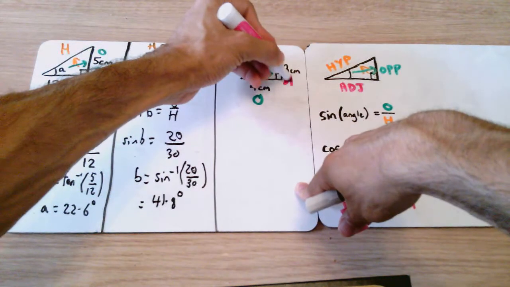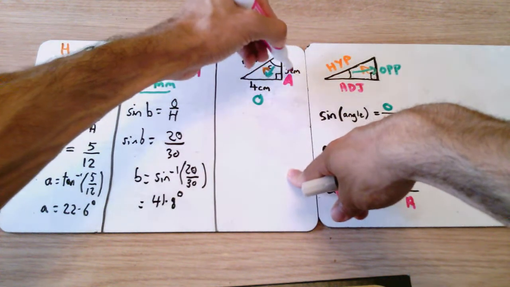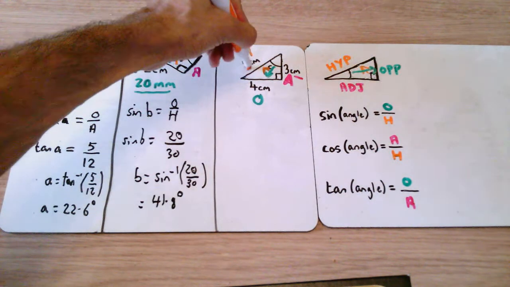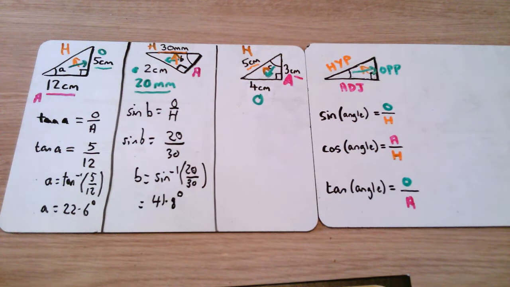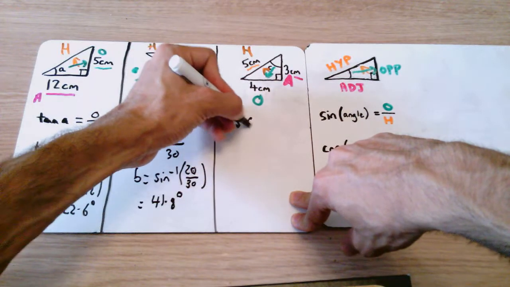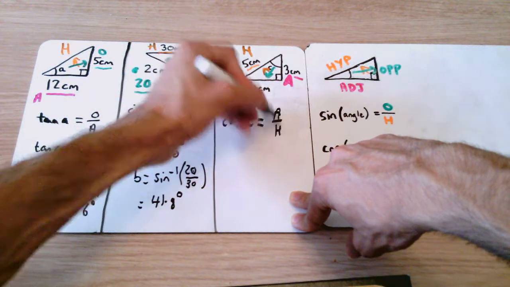So we said we could use any of our formulae, any identity. We have O, A, and H. For this one, I'm going to use the identity we haven't used yet, which is cos. For cos, we need to use the adjacent, which is this one, and we need to use the hypotenuse, which is this one. So cos of C in this case is equal to the adjacent divided by the hypotenuse.